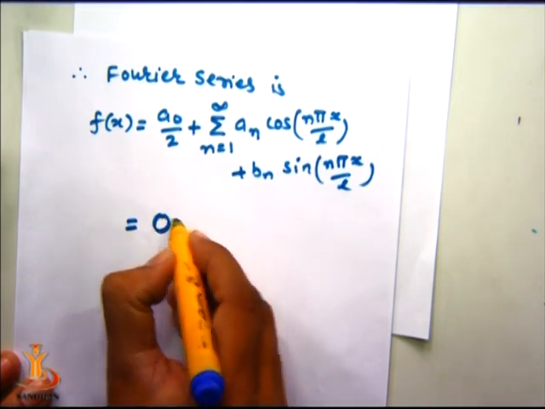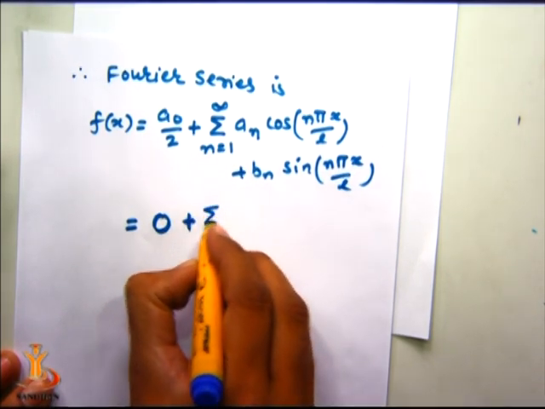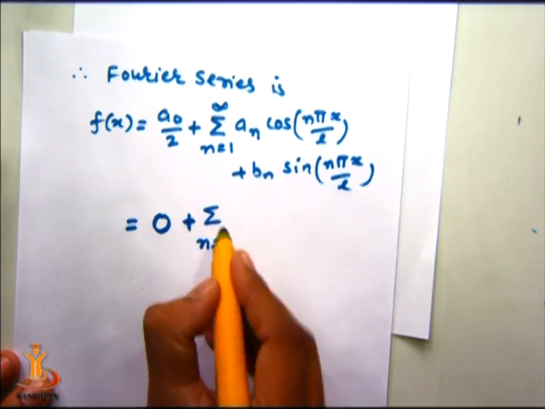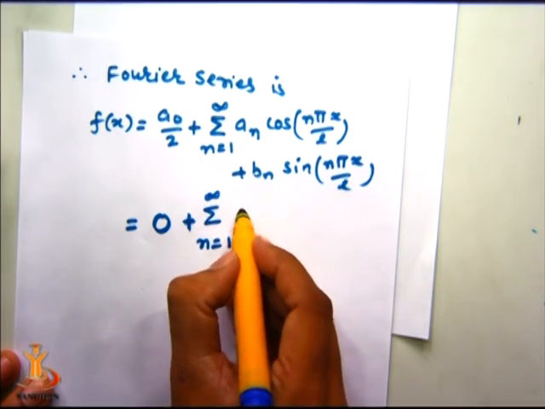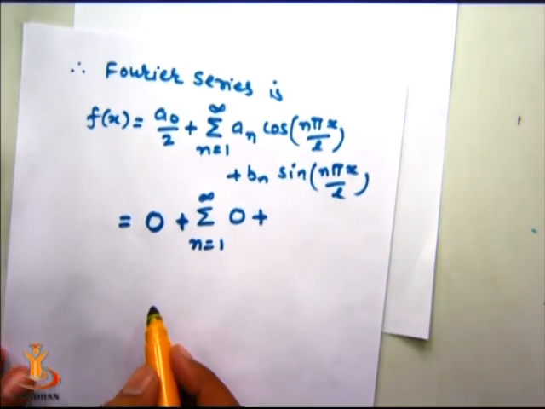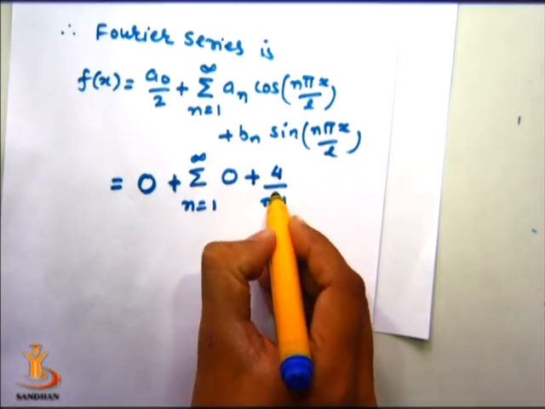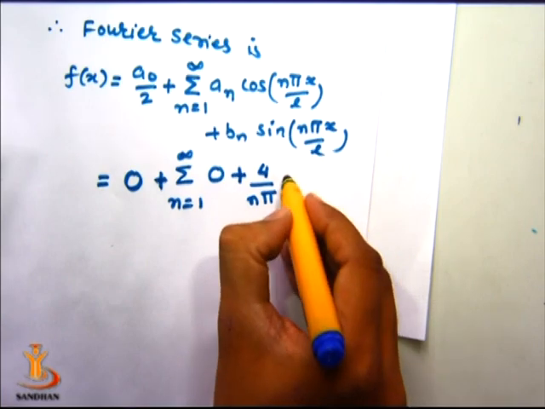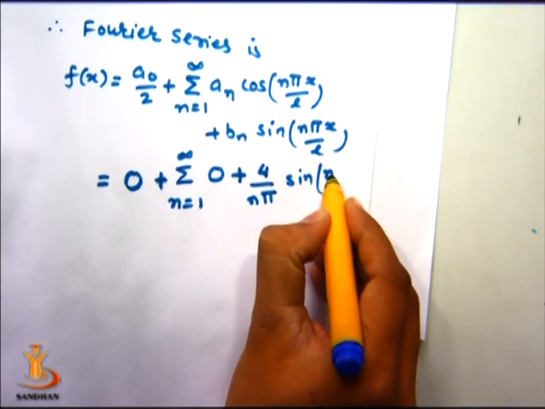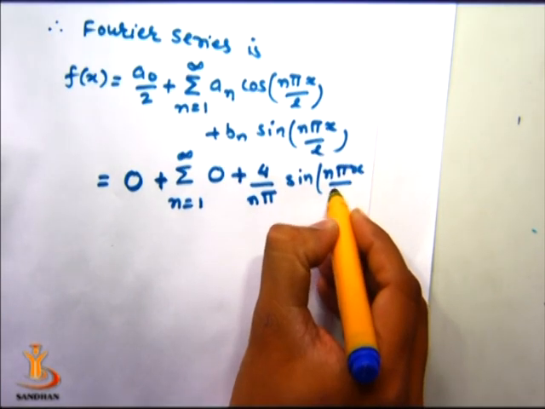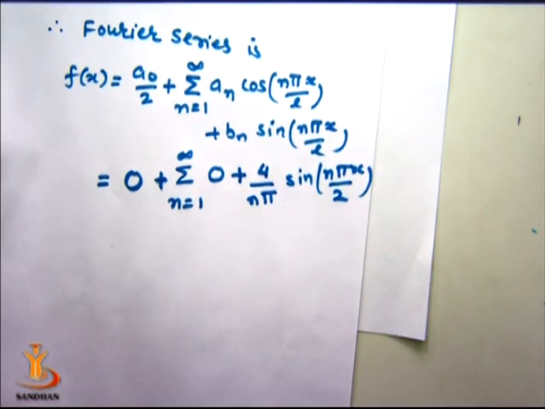So the first term is 0, and the value of an is also 0. So sigma n equal to 1 to infinity, first term is 0, plus bn, and bn is 4 upon n pi, sin n pi x by 2, with the value of L.